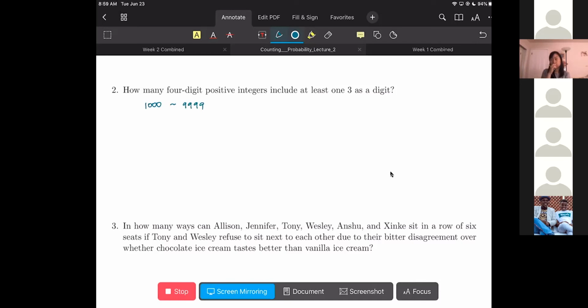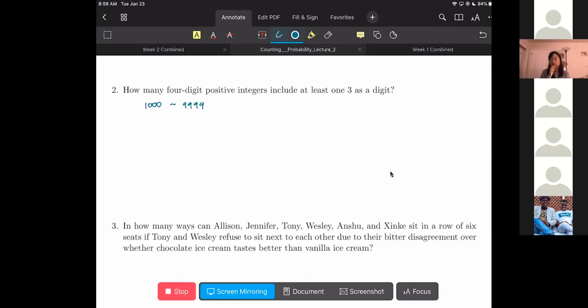So we do 10 times 8 so that we find out that from 1,000 to 8,000, there are 80 different ways of us doing it. And then we just count the ones between 8,000 and 9,900, add them together and subtract from the total amount of integers.